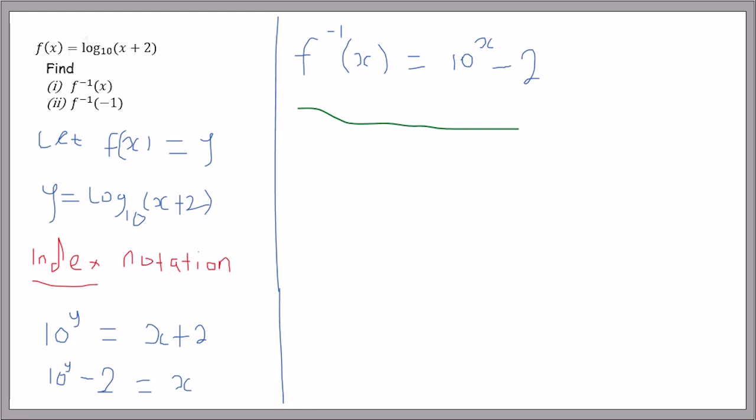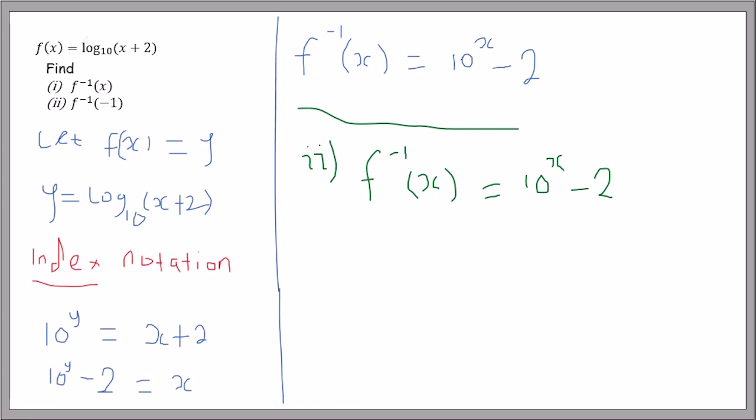So let's proceed to part 2, where they want us to find the f inverse of actually -1. So assume they had given you that f inverse of x was given as 10 to power x minus 2.